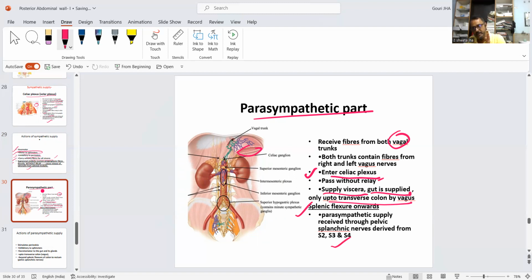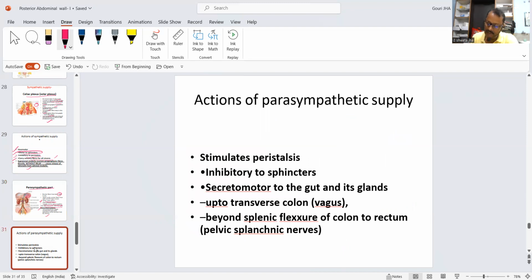So up to the transverse colon, the parasympathetic fiber is taken care of by the vagus nerve, and from the plexus below, it is the pelvic splanchnic nerve which takes care of the parasympathetic supply of the gut. Now regarding the actions, it stimulates the peristalsis.